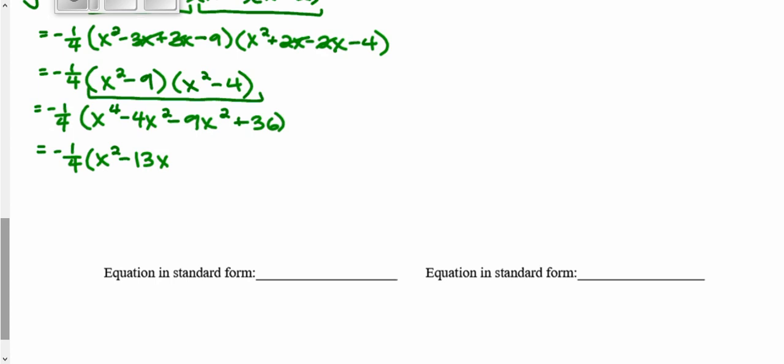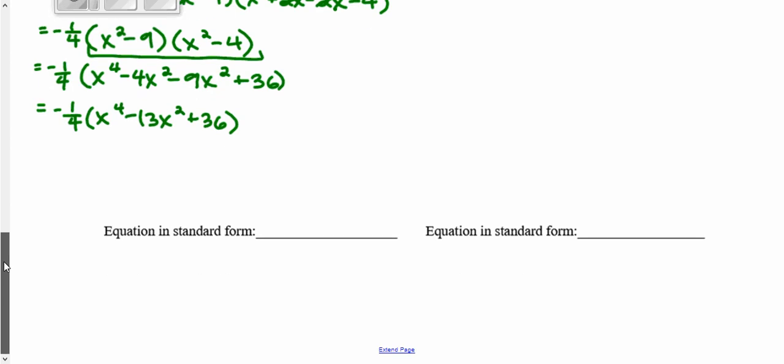That should be x to the 4th to start off with. And then let's go ahead and go to your final step, because now we can actually distribute this negative 1/4, and then we have our final answer.